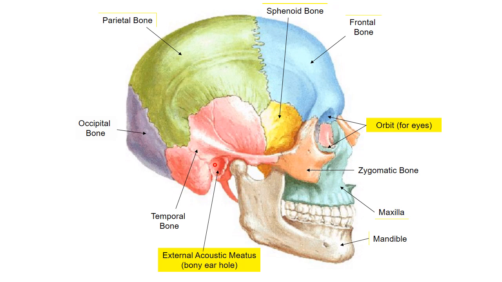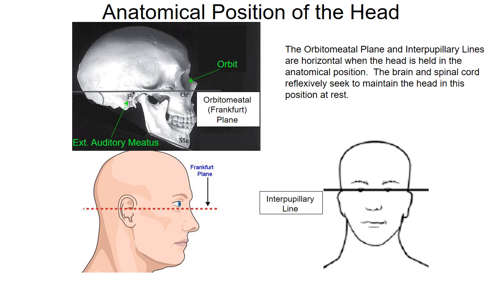Now, the anatomical position of the skull is related to these two openings right here, the orbit and the external acoustic meatus. And basically, there's a plane right here that we define anatomically that's going to run along the inferior margin of the orbit and the superior margin of the external auditory meatus.